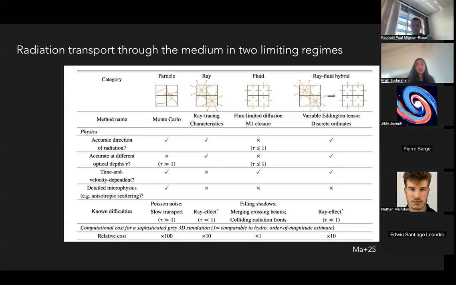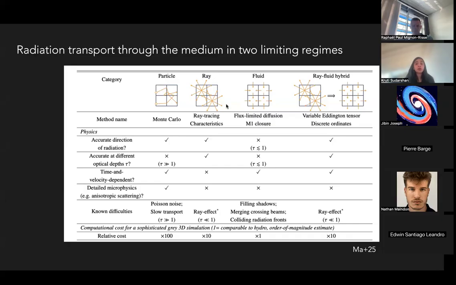Radiation transport is done differently in disk simulations. You can typically use a Monte Carlo approach, for example the RADMC-3D approach. But the problem with RADMC-3D is that it's not very realistic to couple Monte Carlo methods with 3D hydrodynamics. The relative cost of computation is extremely high.